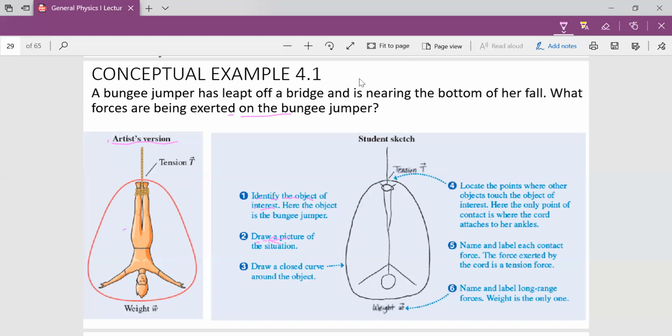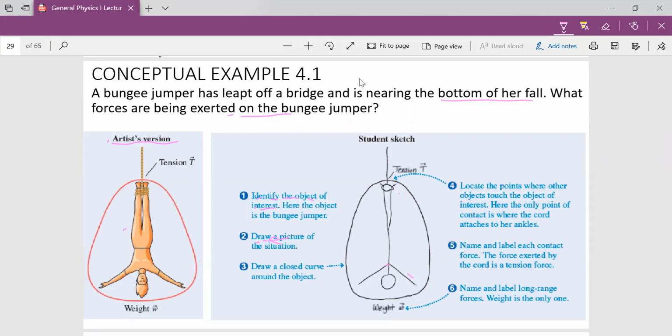This is your sketch of the bungee jumper. Bungee jumpers always have a rope keeping them from falling off totally when they are making their jump. So this rope keeps them in place. So we identify the object as the bungee jumper, of which we made the picture of the human.